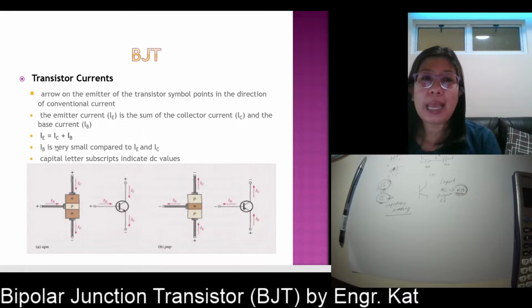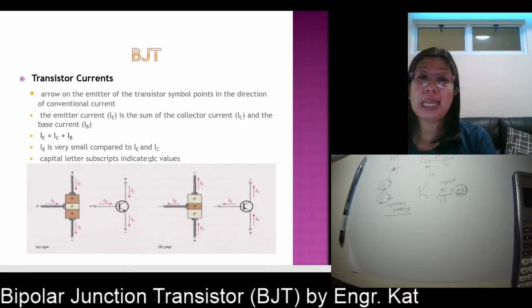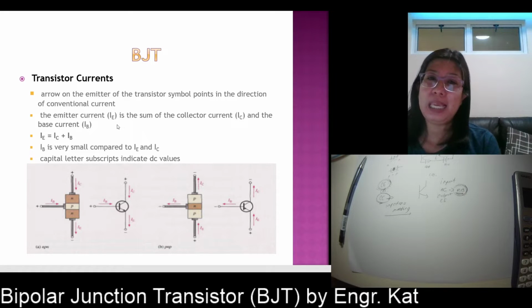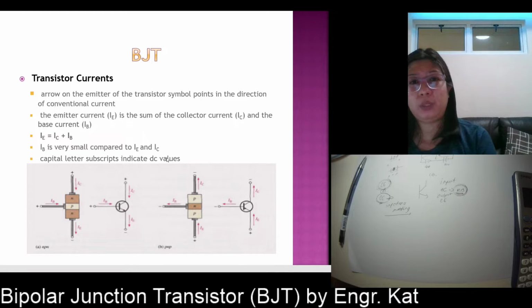And then the emitter is the most heavily doped. Since it is the most heavily doped, it has the lowest resistance. That explains why IE has the highest current. And IE is approximately equal to IC. That's our goal, right?